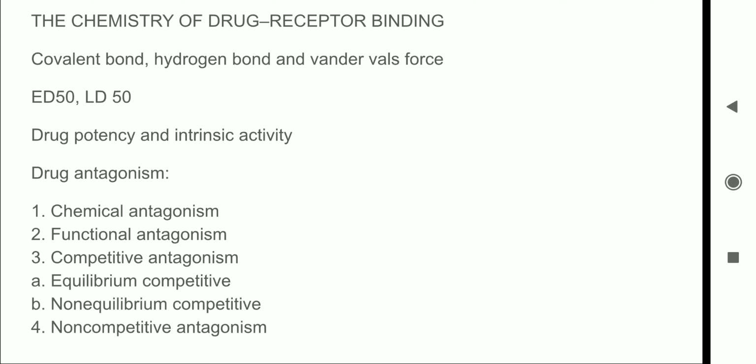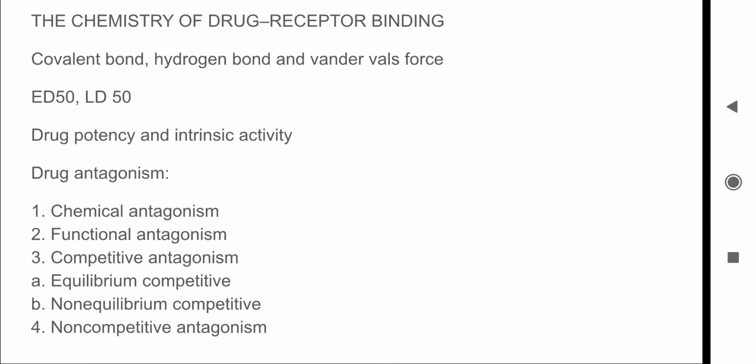Why is it important? Why is it necessary to know the LD50 and ED50? Because the ratio of LD50 to ED50 is the therapeutic index. It tells us how safe the drug is. The lower the therapeutic index, the higher the chance that the drug would be unsafe for us.